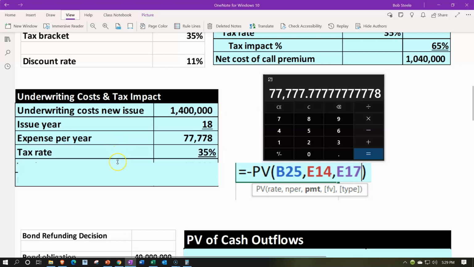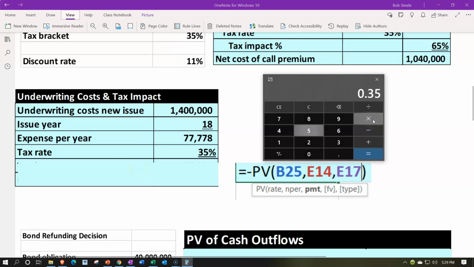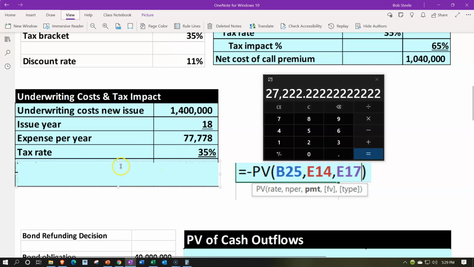And then we're going to have a tax impact on that each year at the 35%, which is our tax rate up here given the tax bracket. So if we multiply that times 0.35, we get about 27,222. And that's going to be the tax impact that will be in effect for those 18 years that this will be covering. So now we want to present value that 27,222, which is a tax benefit.